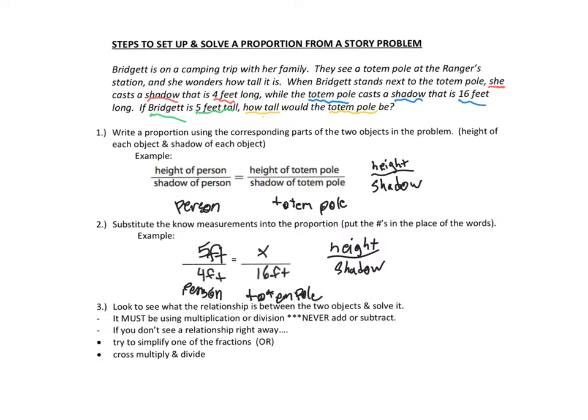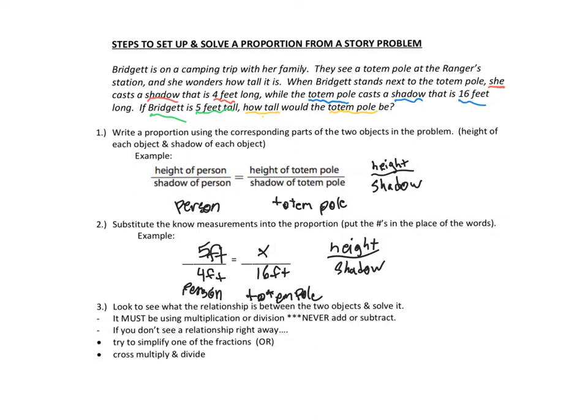Now, that's just how we set up the proportion. If we were to solve, we can cross multiply and divide. Or if you notice that these fractions can be simplified, make sure we're simplifying up and down. We're not cross simplifying. If they're already at their most simplified term, then we can just do our cross multiplication and divide.